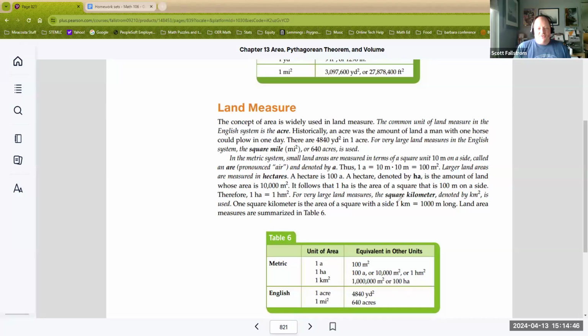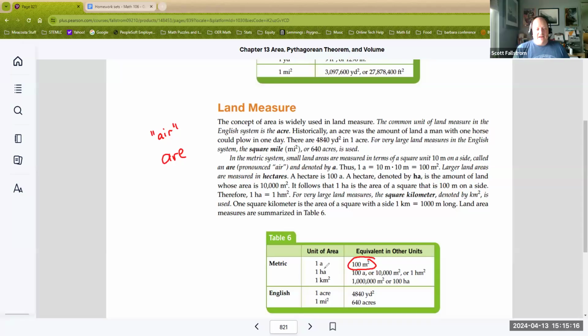So in the metric system, we have the are, which looks like R, but is pronounced air. And then we have the larger one, which is hectare. And so a hectare is, again, a measure of larger pieces of land. And for very large measures of land, they use a square kilometer. So again, even though it's the metric system, they don't exactly do it quite the same way, but it is tied into some really nice numbers.